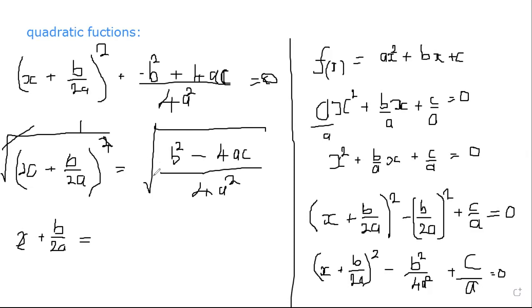So the result would give us plus or minus whatever is in here. The square root of 4 is 2, and the square root of a squared is just a. So in the end, we would have plus or minus the root of b squared minus 4ac, the whole root of this over 2a.